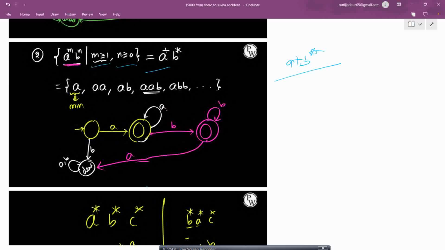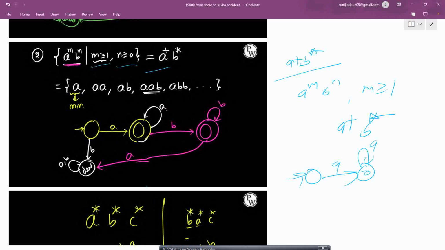No, A to the power m, B to the power n, m is greater than or equal to 1, that means A plus, and B is B asterisk. So A should come at least once, right? After that we can do final, and if these are A's we can do this, alright. How many number of A's? Yes, if it is no B we will do this.